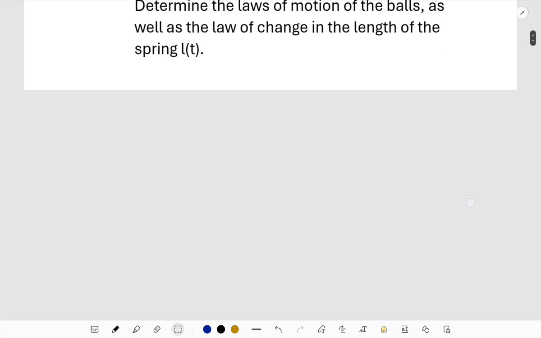Well, we are going to make a diagram first. Suppose that we have two balls like this and a spring connected to them. They are all placed on a smooth horizontal surface, and suppose a force is applied on this block.